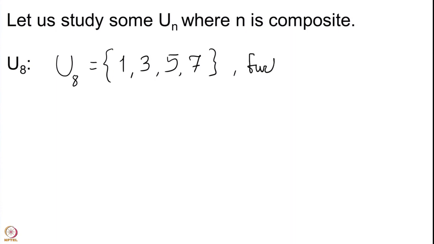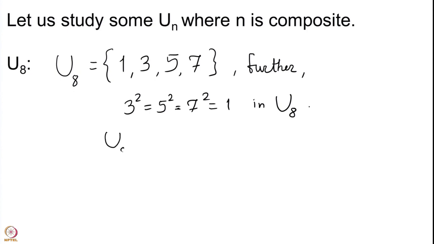Further, we notice that the squares of all the non-trivial elements are equal to 1 modulo 8. Thus, although you have a group of order 4, all 3 non-trivial elements are of order 2, and so U_8 is C_2 cross C_2.